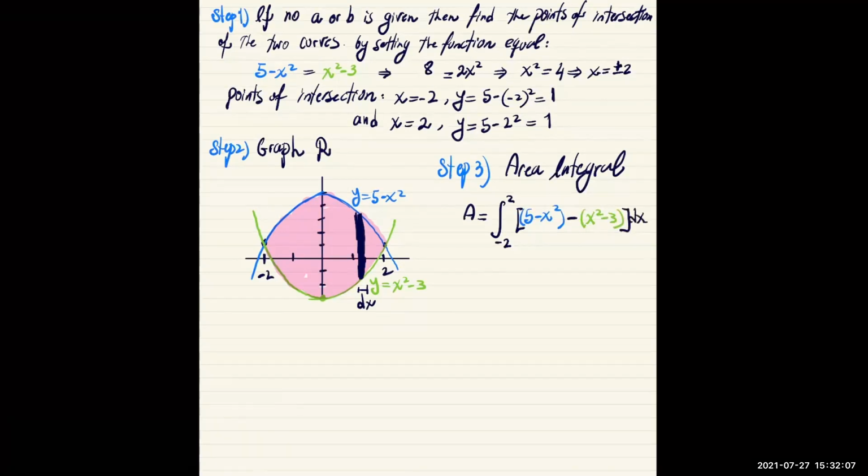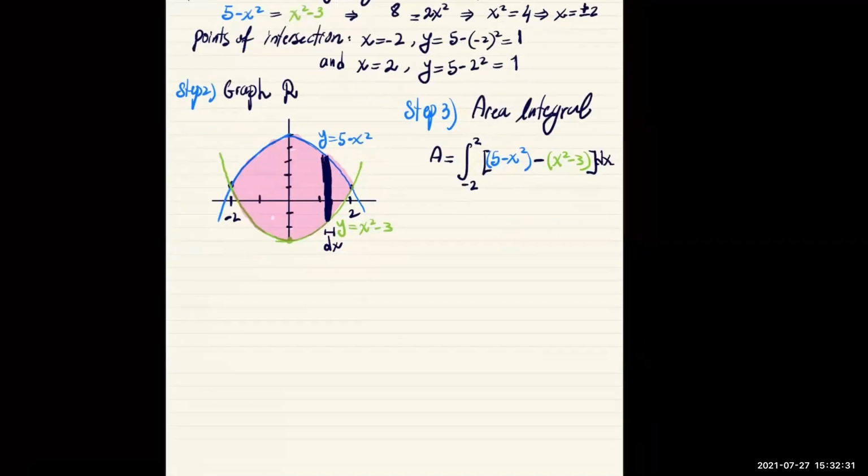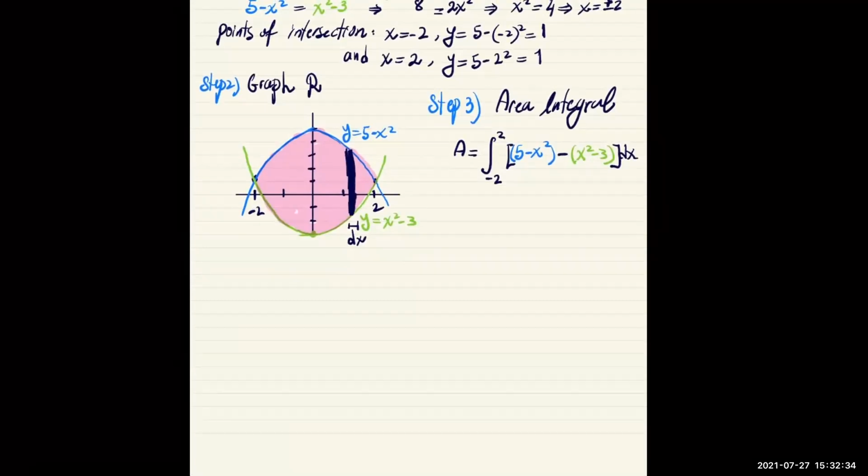And yeah, so we are about to calculate this integral. Therefore, you want to take advantage of symmetries. You could see that this region is symmetric with respect to the y-axis. So I can instead integrate from 0 to 2 and double that area. So area is equal to double the integral from 0 to 2. And while we are at it, let's add like terms within the integrand. Here we have 5 minus -3, that's 8.